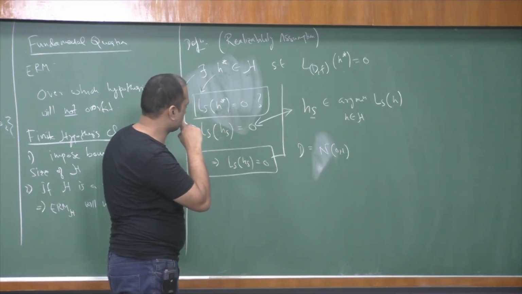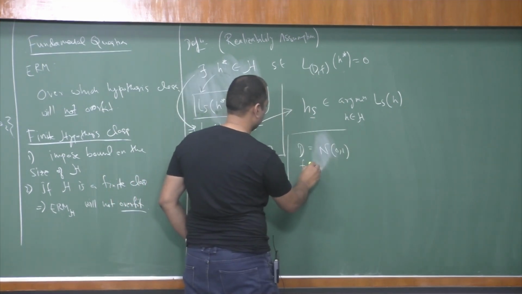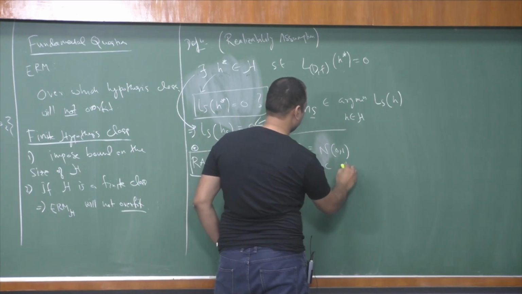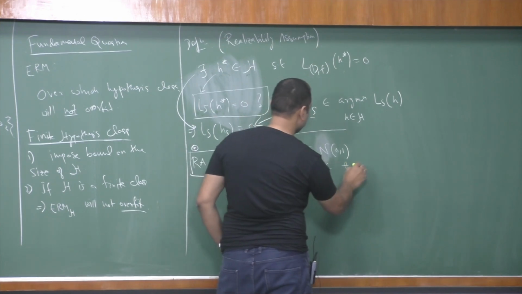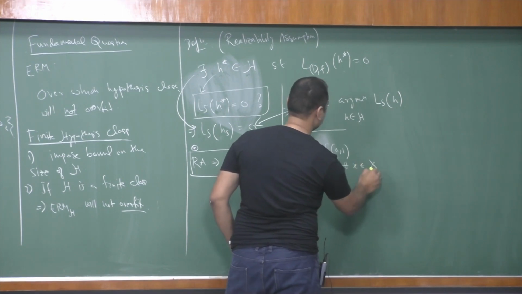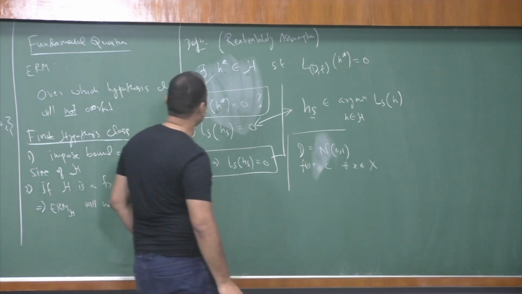Then you can pick F to be the constant C over all R. So F of x is C for all x in the domain X, the feature set. And then H can differ at 1 point.